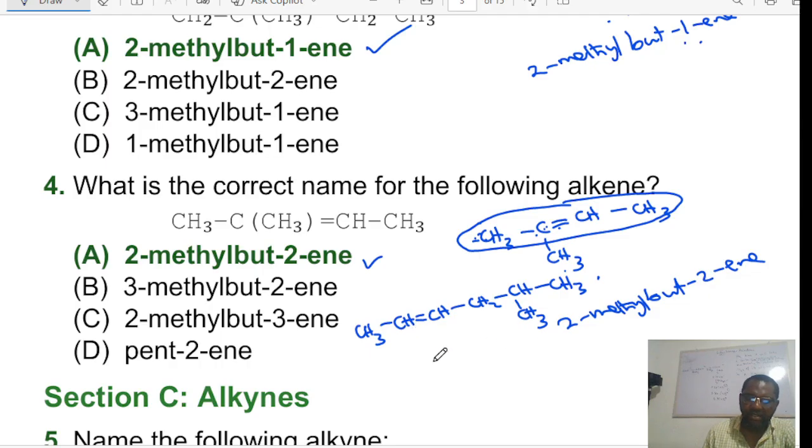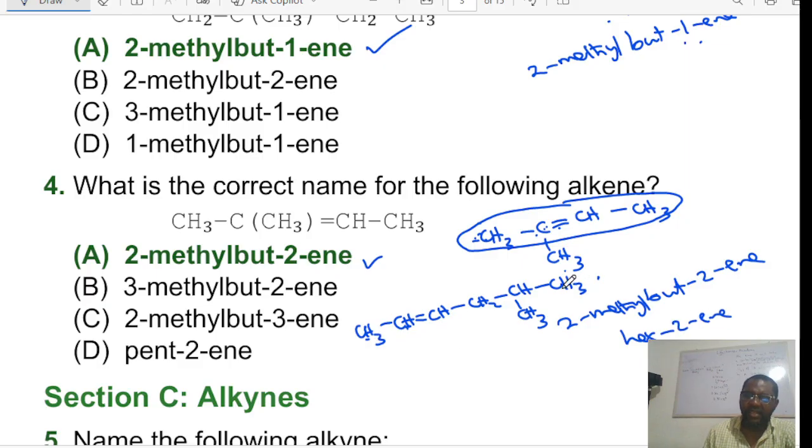Let's leave it this way. Now the longest chain here is of course 1, 2, 3, 4, 5, 6. That is hexane. But now for the hexane, you must include the position of the double bond. So I can count 1, 2. This is the lowest, the carbon before the double bond. So that means hex-2-ene.